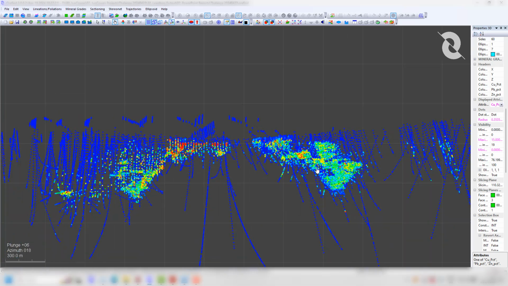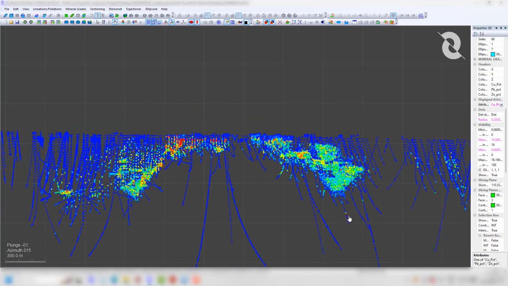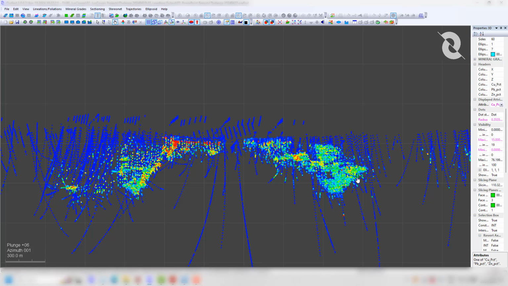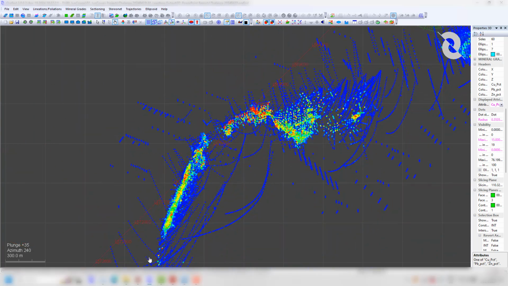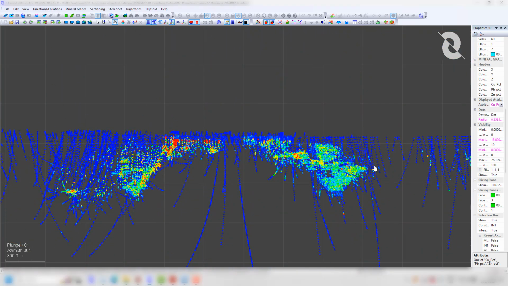So how do we interpret this side? It's interesting that this trend here is pretty similar to what you see here. So I suspect that what you have over here is probably the same fold that is just a bit steeper over here.